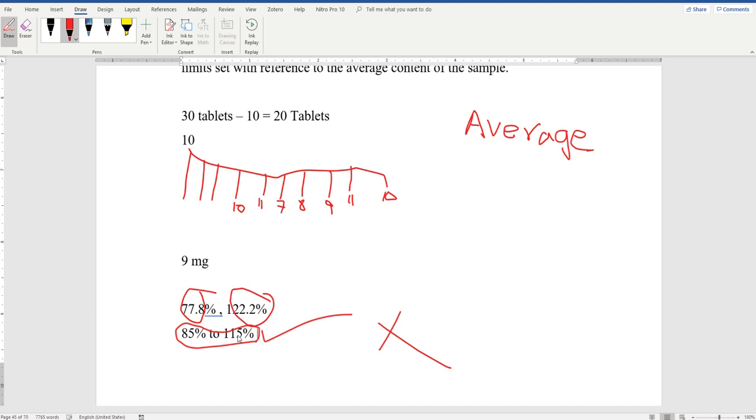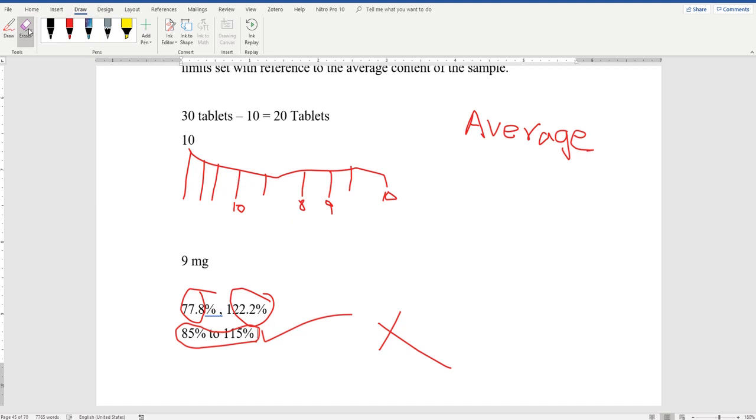More than 1, not just one. Okay, let's say, just for the sake of argument, this 7 is not there, and this 11 is not there.